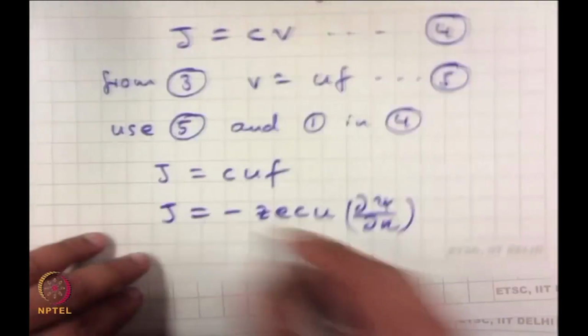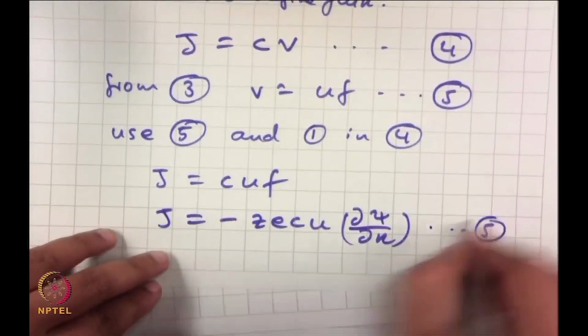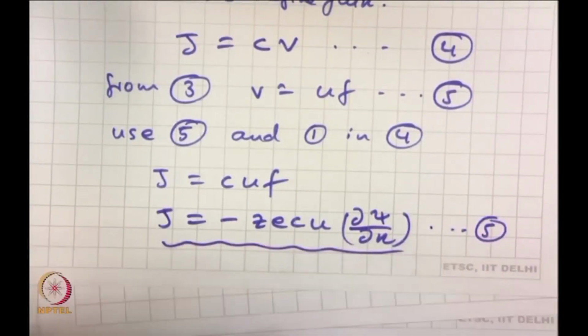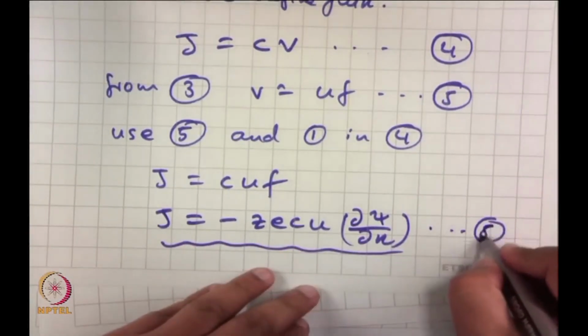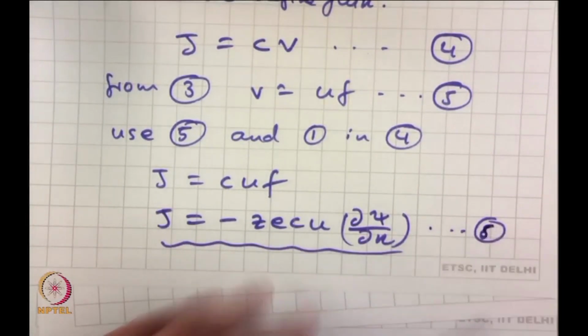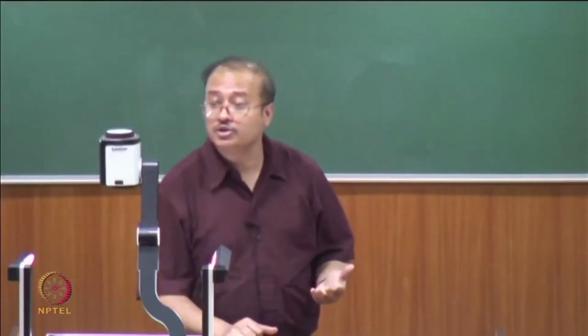So, this is J, and let this be equation 6. So, here what you have done is you have related your flux change to your potential gradient. Before that, you had a flux change which is related to your concentration gradient, but here you now have a potential gradient coming into the picture.